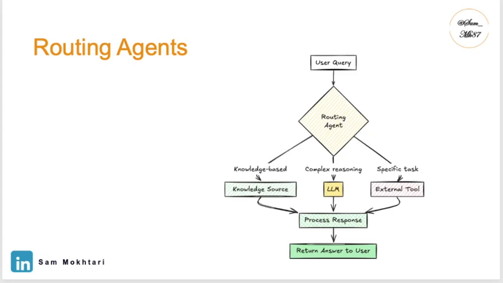You can think of it as visiting a hospital. When you go to the receptionist, the receptionist acts as a routing agent and decides whether you need to see a general practitioner, a specialist, or even emergency care. This targeted approach ensures that queries are handled efficiently and accurately.